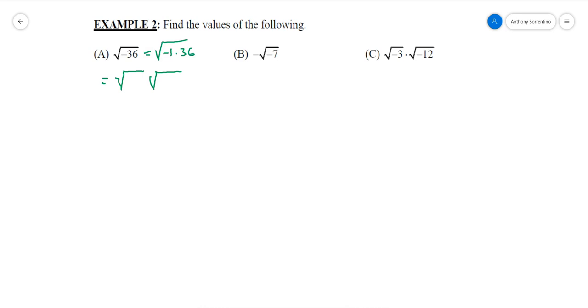I can split a radical through multiplication. So I can have the negative 1 out here. I can have the 36 here. We know that the square root of negative 1 is i. That's the definition of what i is. Of course, the square root of 36 is 6. So we would express this as 6i.